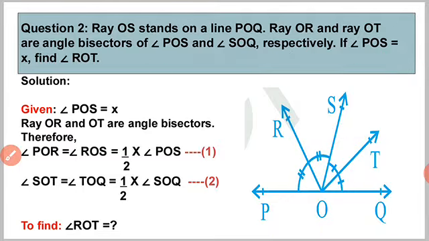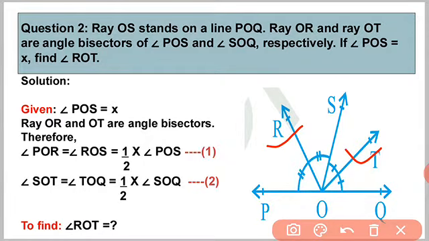What we have been given is that angle POS is equal to x. Since this ray and this ray are angle bisectors, and an angle bisector divides the angle into two equal parts, if it is x, this will be x by 2, and this also will be x by 2.